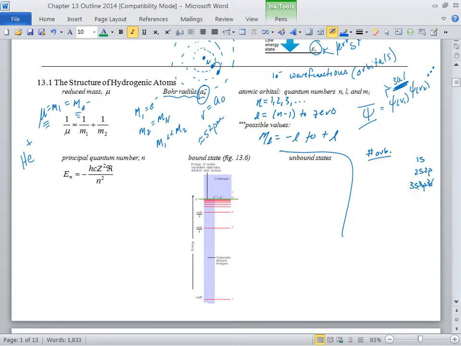Remember how this worked? It was always what squared? n squared. So this would be 1 squared, 2 squared, 3 squared. It's always the number of orbitals, n squared. Good.